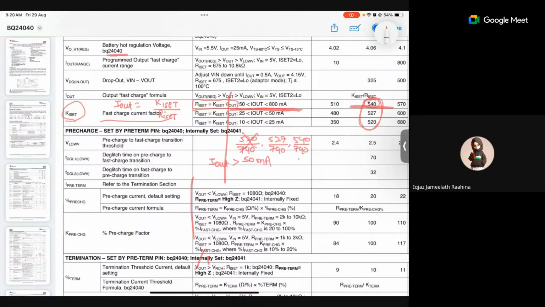So we neglect the other two and only calculate 540 divided by 740. If you calculate it, it is 729.7 milliampere.